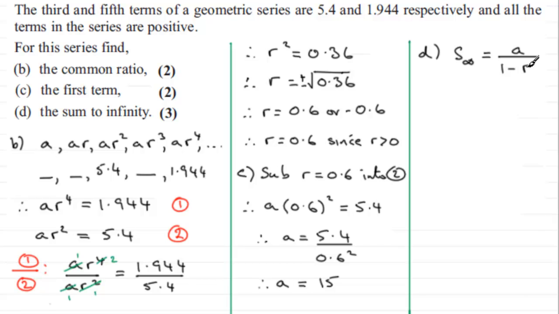And if that's the case, then all we need to do is substitute our values in. a is 15, and that's divided by 1 minus r being 0.6. So you've got 15 divided by effectively 0.4, work that out and you get 37.5.